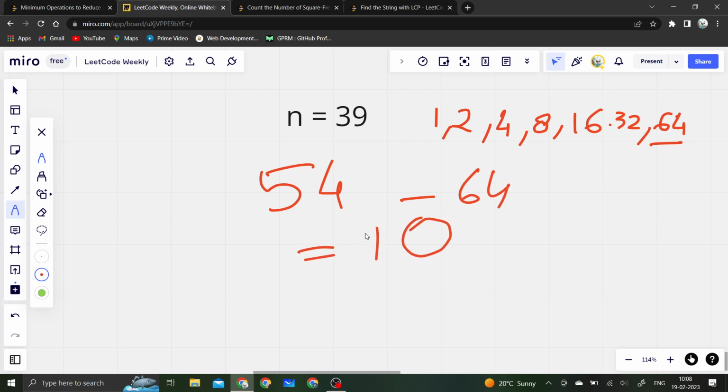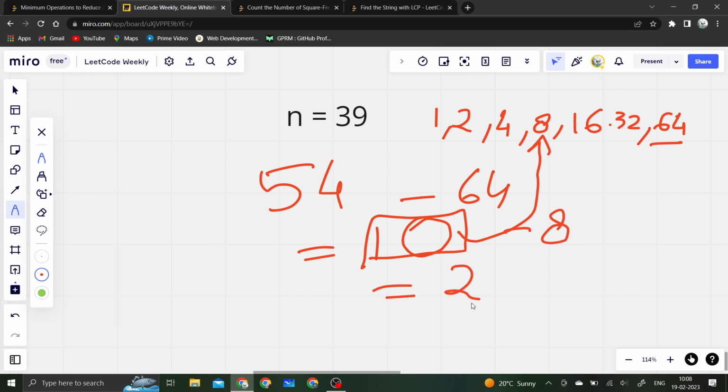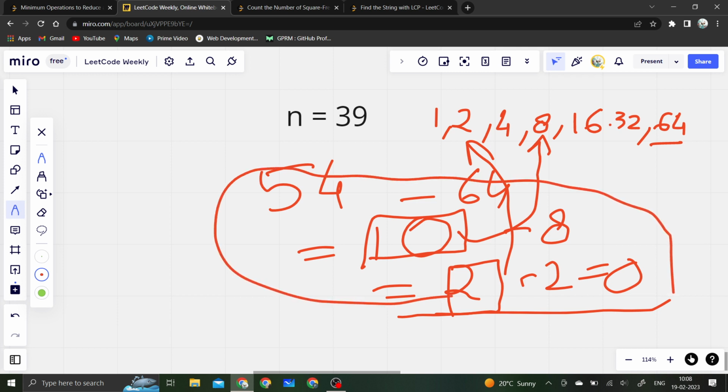We will get 10, right? Then we have 10 here. What we will do again? We will consider a value that is nearest to 10, that is 8. We will again subtract it and consider its difference. We will get 2. Now the value nearest to 2 is 2 itself. So we will subtract it. What we will get? 0. So here you can easily see that within 3 operations, we have made 54 into 0.